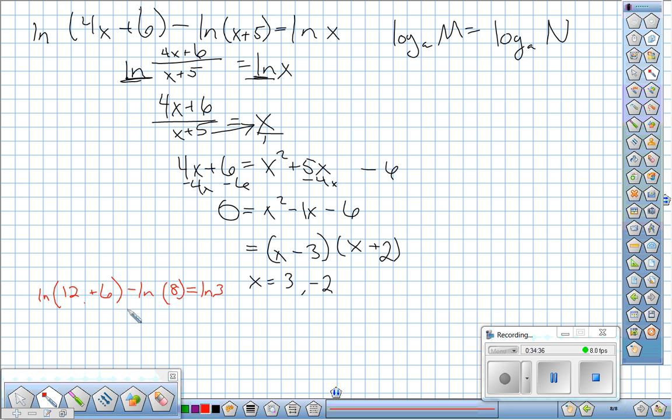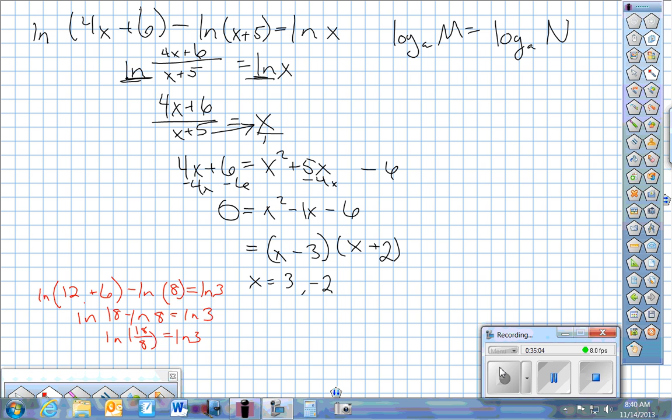So 12 plus 6, I will get the natural log of 18 minus the natural log of 8, and I want to see if that's equal to the natural log of 3. The natural log of 18 minus the natural log of 8 will give me the same thing as the natural log of 18 divided by 8, which is not equal to 3, because 18 divided by 8 is not equal to 3. But hopefully you guys noticed that I messed this problem up too.